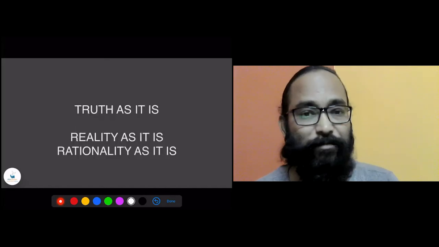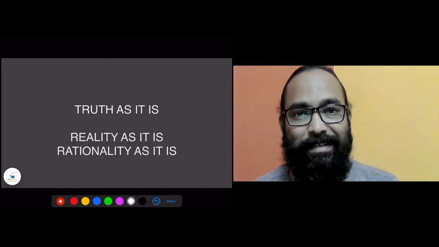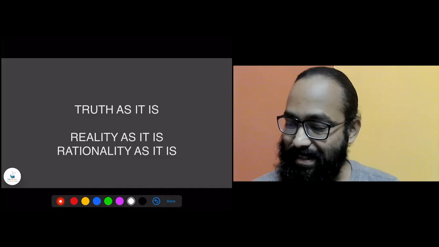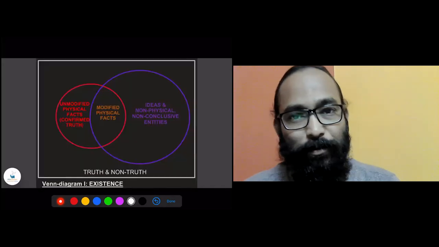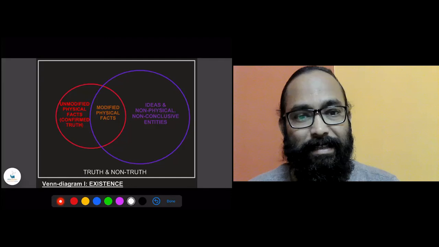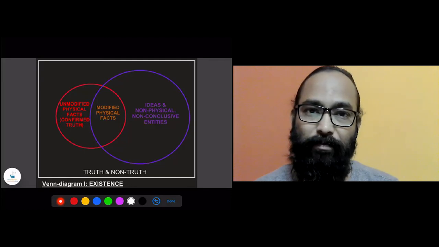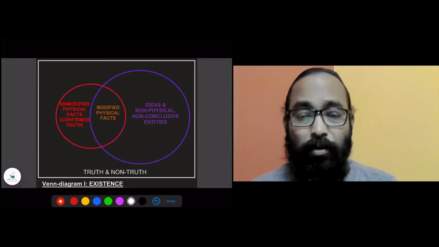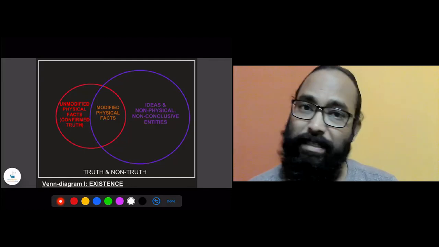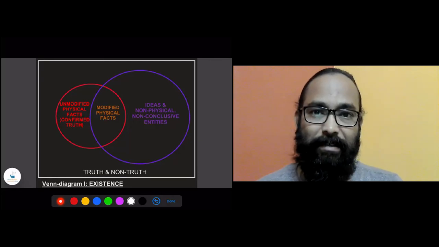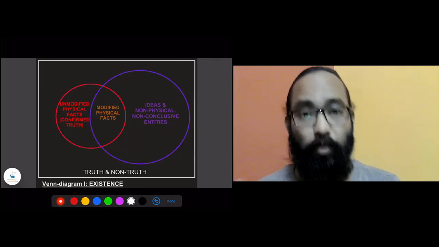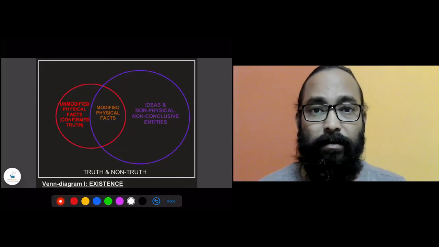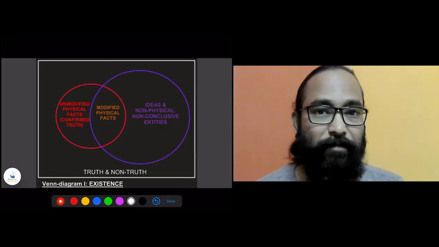Now let's proceed with our understanding of truth, reality, and rationality. To understand truth, we need to understand this particular Venn diagram. Truth or non-truth is a very dicey area. If something is claimed as truth and the same thing is claimed as non-truth by some other individual, how do we identify this?